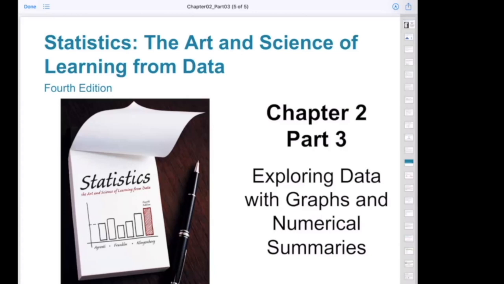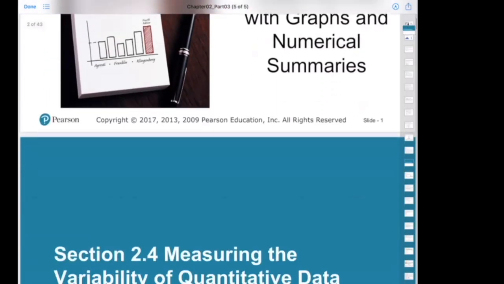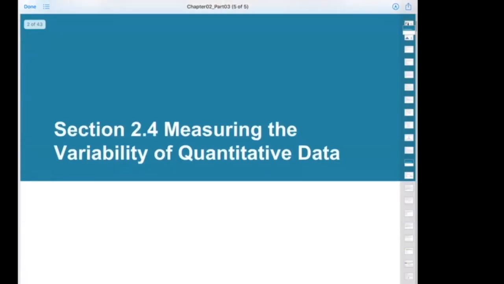What about the variation of the distribution, right? How this distribution is spread out away from the center. So I have to describe this as well. So this is the role of measuring the variability of quantitative data, or sometimes we call it the measures of variation.